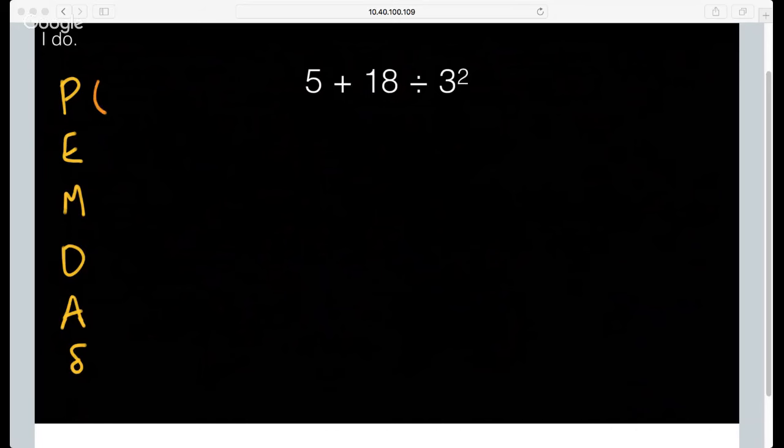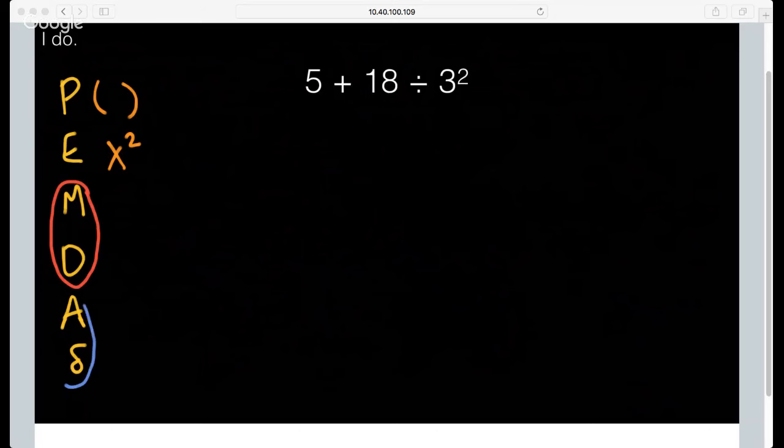Well, P is always doing whatever's in the parentheses first, performing operations in the parentheses. Then you find the value of anything with an exponent. That's what the E is for. Then, like we talked about in class the other day, the next step is multiply or divide, whichever comes first, moving left to right.